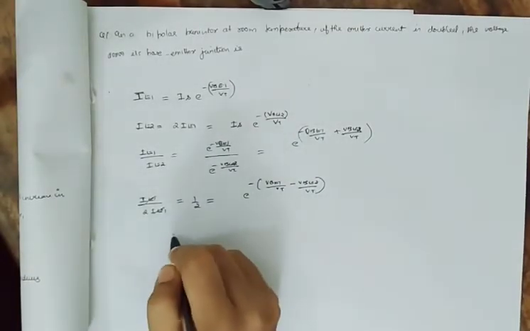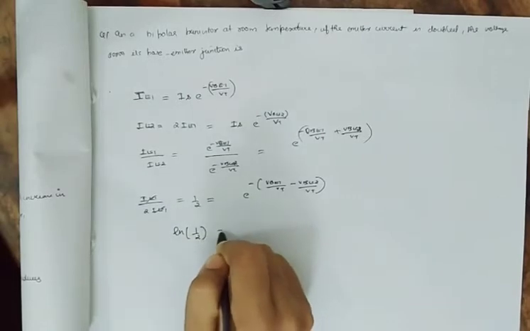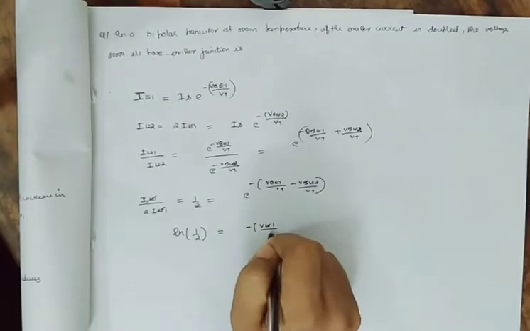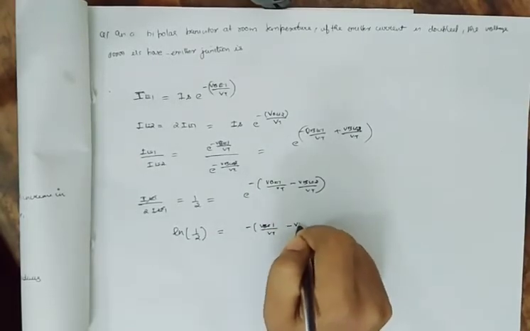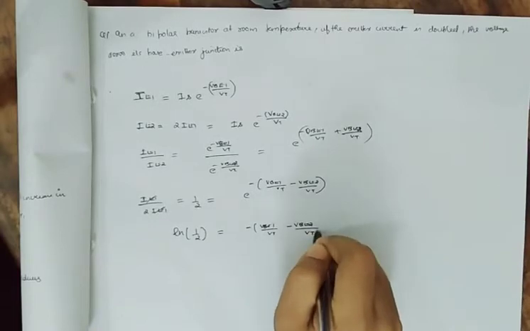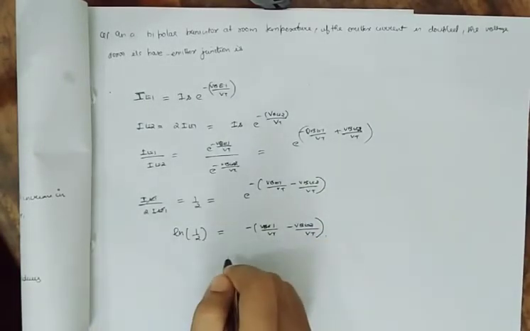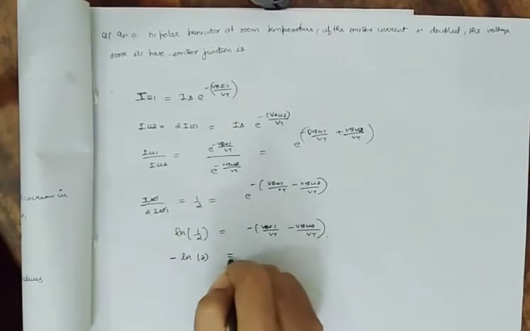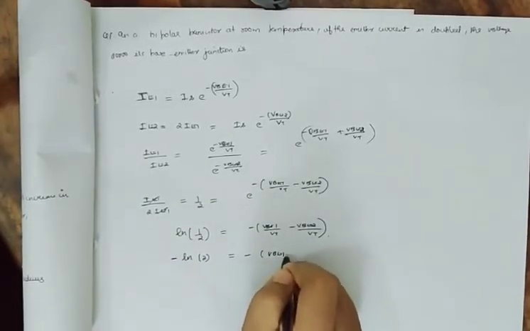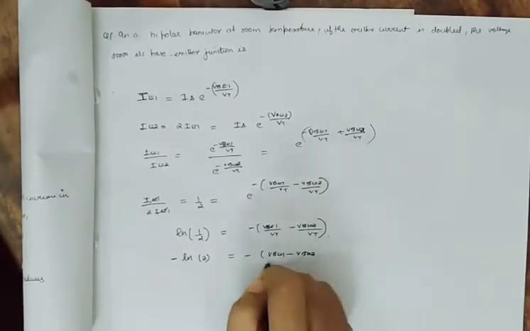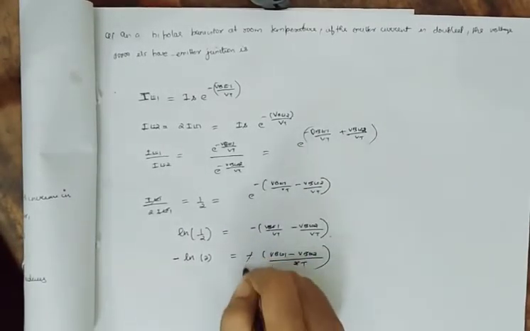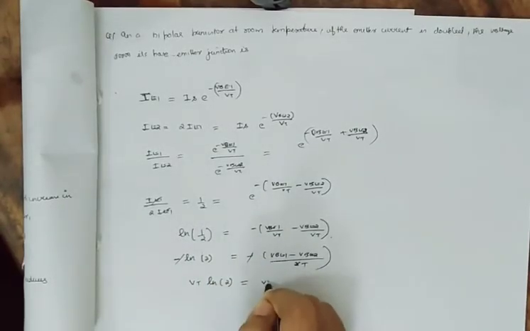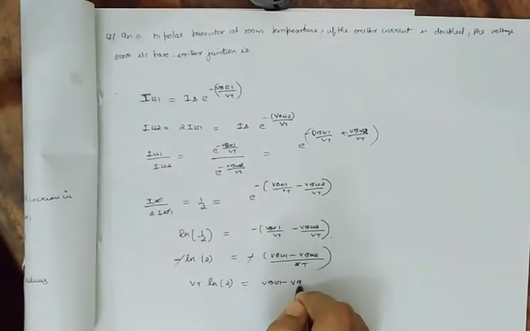Taking the logarithm on both sides, we will get ln 1 by 2 is equal to minus VBE1 divided by VT minus VBE2 divided by VT, and this is minus ln of 2. Negative and negative cancel out, we will get VT ln 2, which is equal to VBE1 minus VBE2.